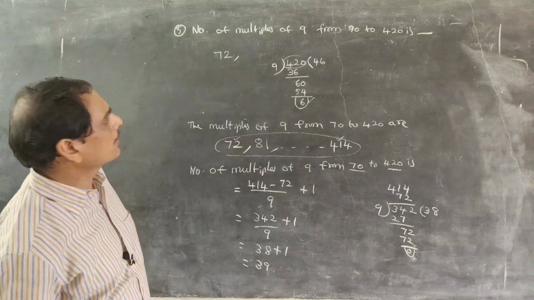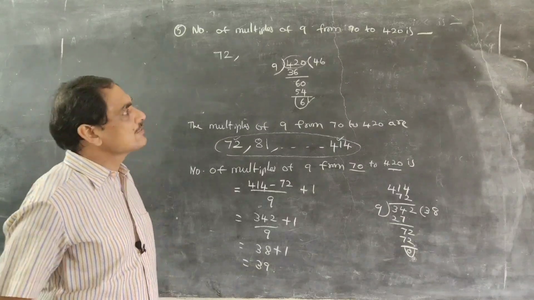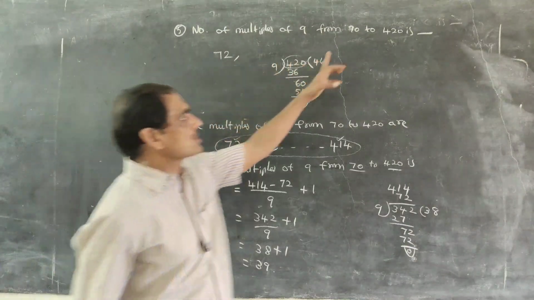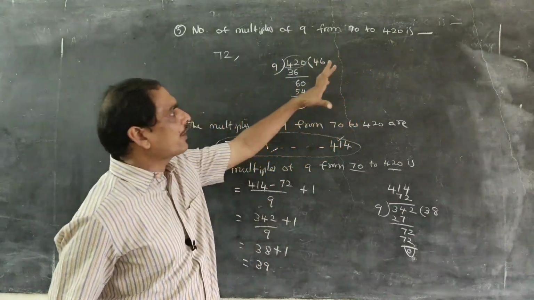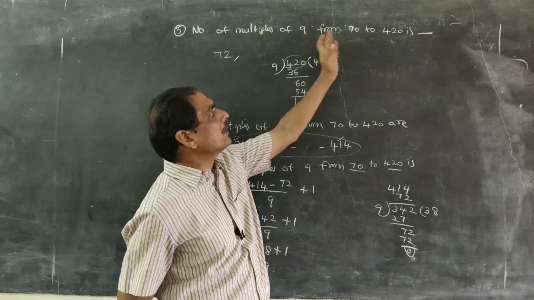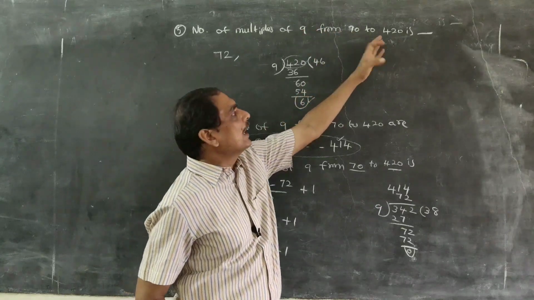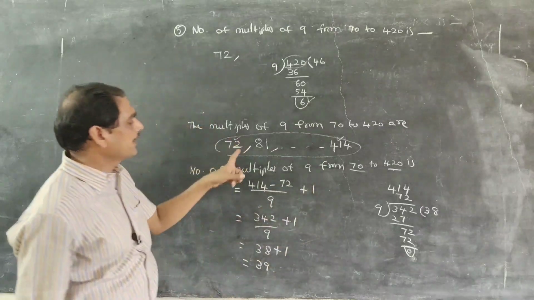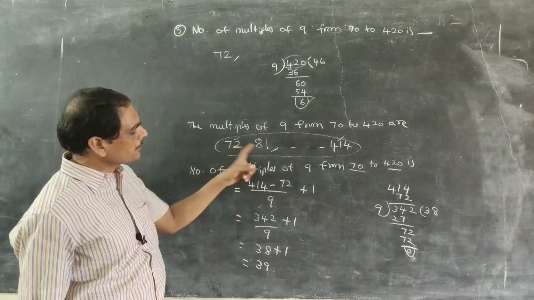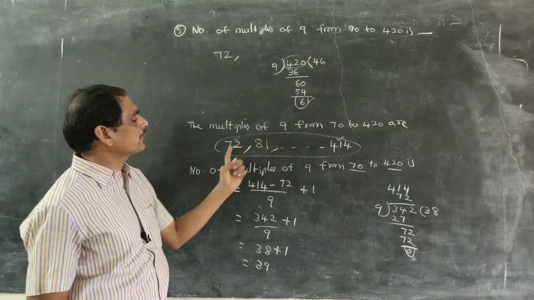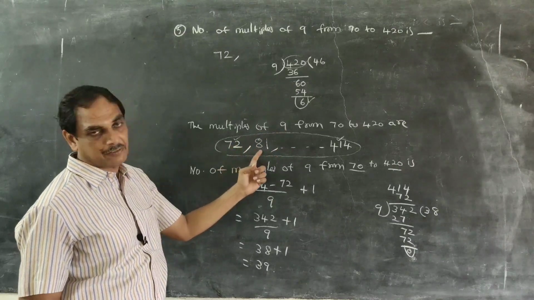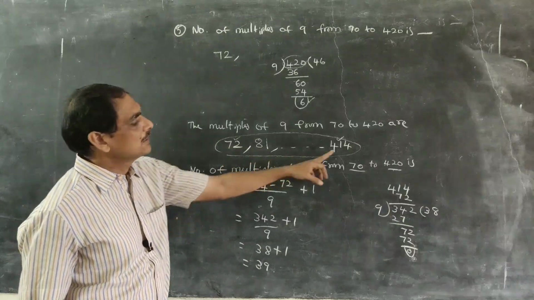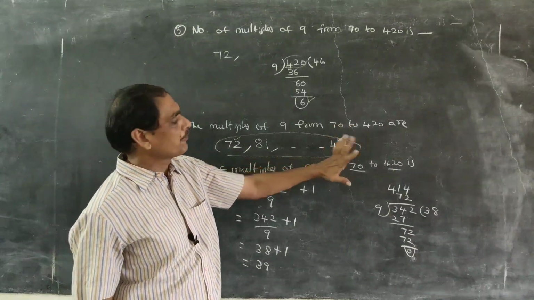So to find the number of multiples of 9 from 70 to 420, we find the multiple of 9 after 70 and before 420. After 70, the multiple of 9 is 72. Adding 9 to this number, we get 81, the next multiple.